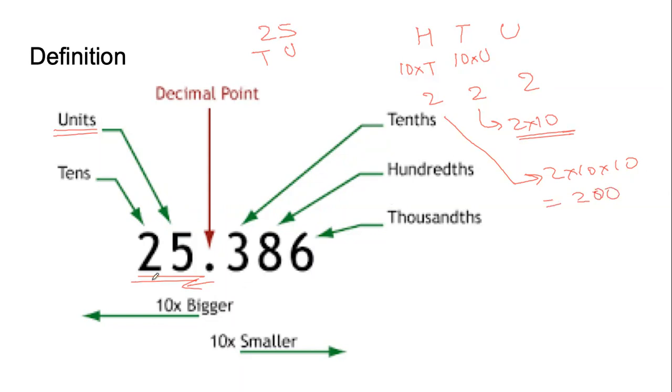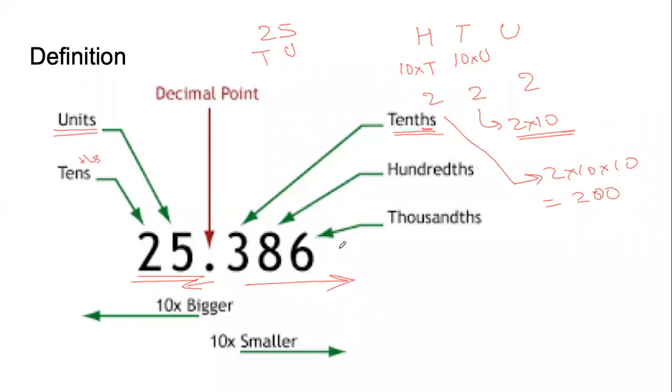So when we go to the left from the decimal point, each place is 10 times bigger than the previous place. Completely the opposite happens when we go to the right. Each place is 10 times smaller than the previous place. The first place here is called tenths, T-H-S, not tens, tenths.